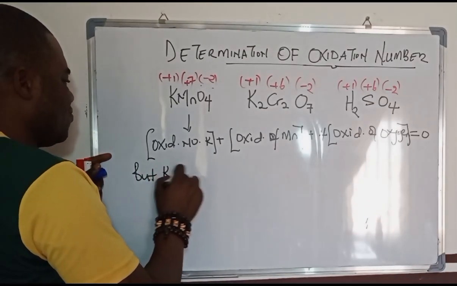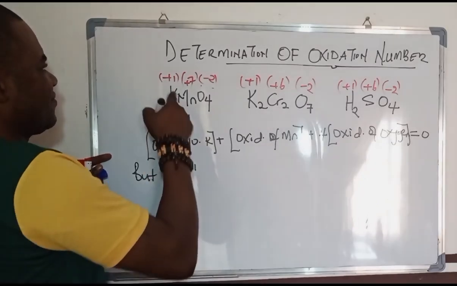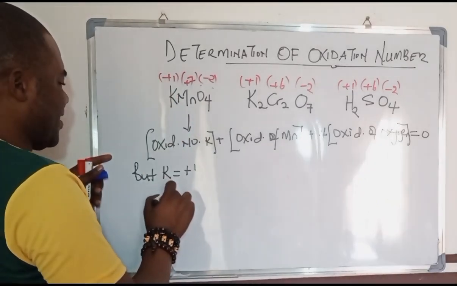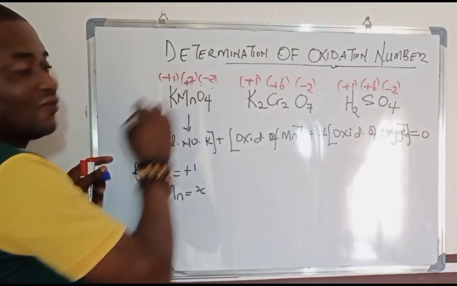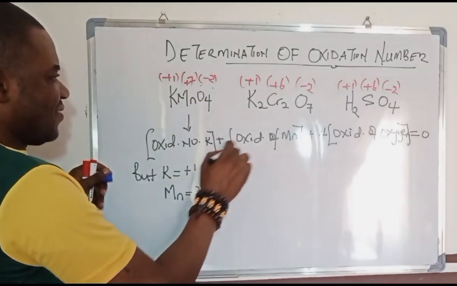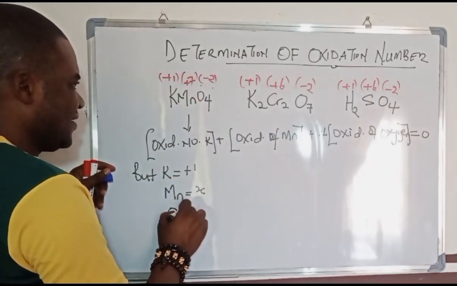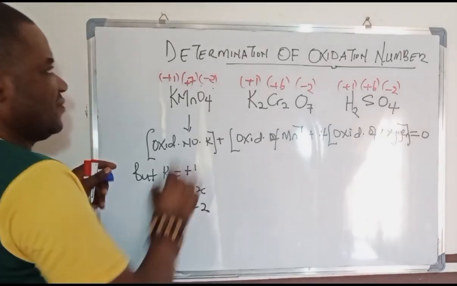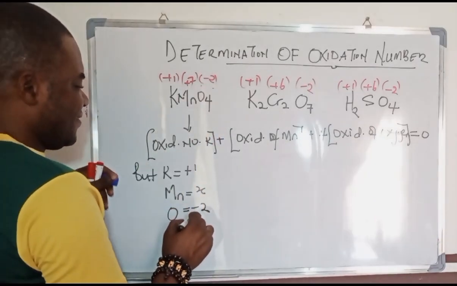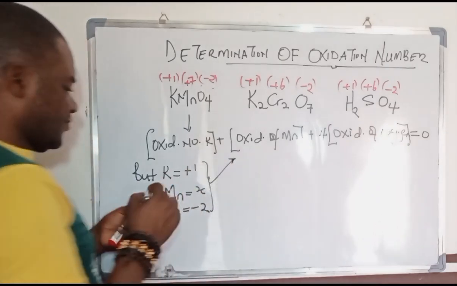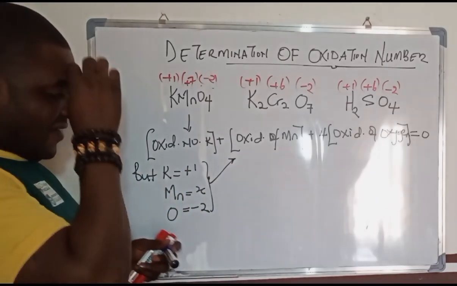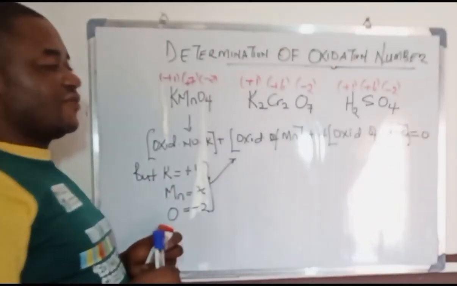The oxidation number of potassium, we already know is plus 1. The oxidation number of manganese, we do not know, because that's what we're trying to look for. The oxidation number of oxygen is minus 2. And then we now substitute this into the equation.